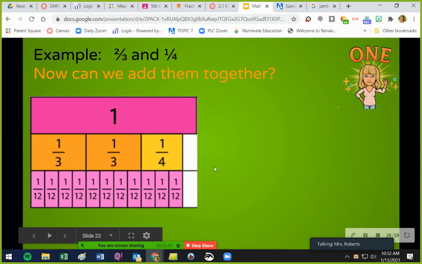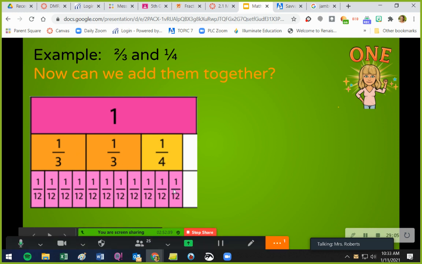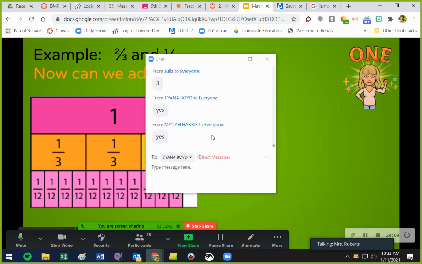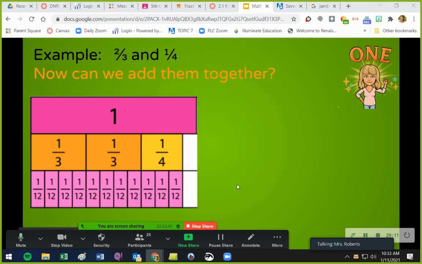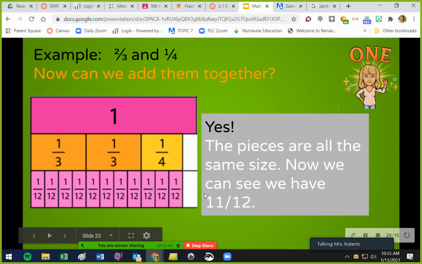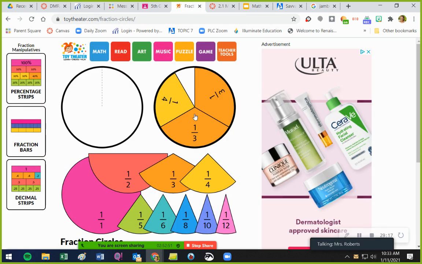Now, can I add them together? Now that I've cut my thirds and my fourth into these same size pieces, can I add them together? Yes. And you can see if I showed it another way. So here was our original problem. Now I'm cutting them into 12ths.